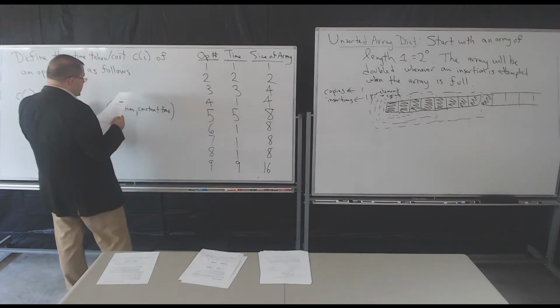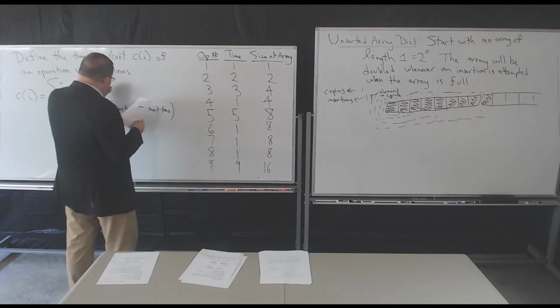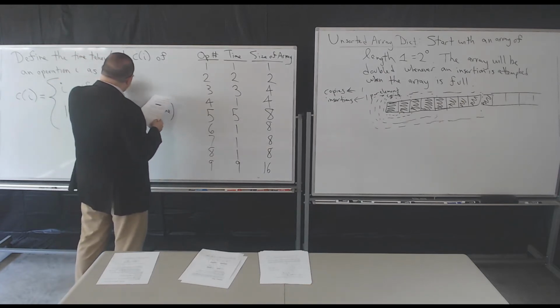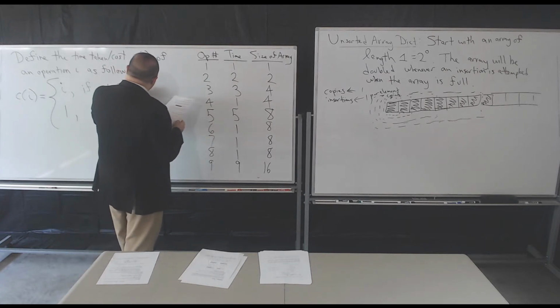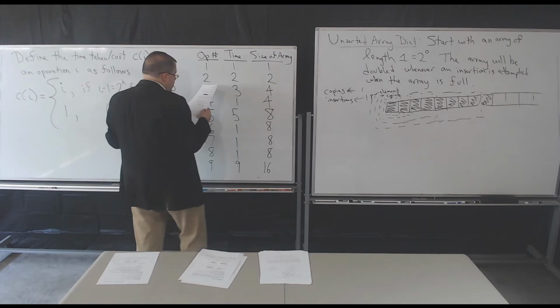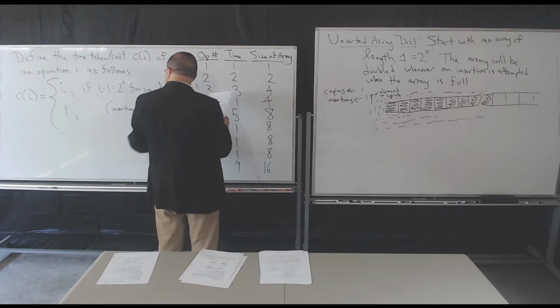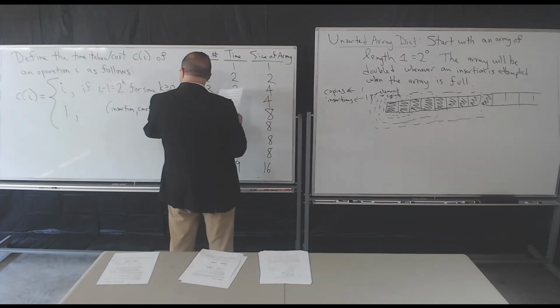When does that happen? It happens when I minus 1 is equal to 2 to the power of k for some k greater than or equal to 0. So I'm going to call this case 1, and this is case 2. So this is when you have copies and an insertion.